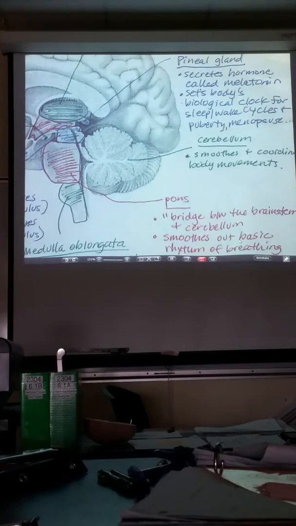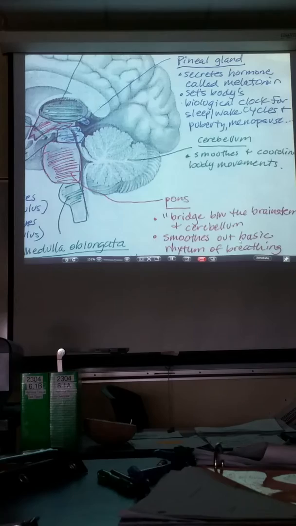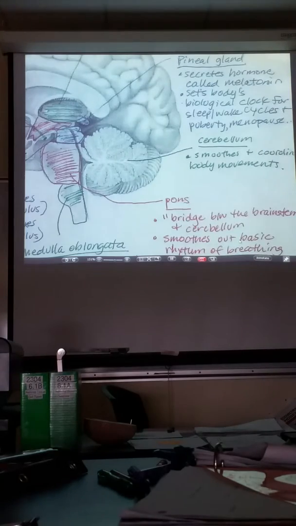And then when it receives that sensory input, it analyzes it, decides on the response, and then sends that response to the appropriate skeletal muscles so that you don't fall flat on your face.